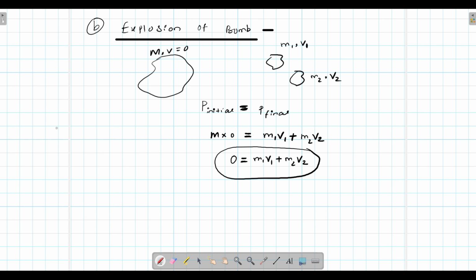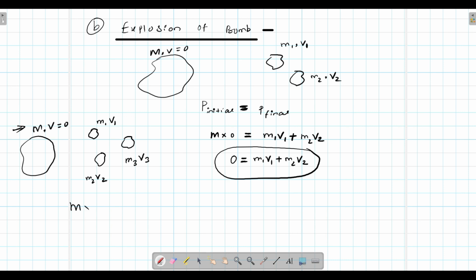If the bomb explodes into 3 pieces, the mass is m, speed is 0. The pieces are m1 v1, m2 v2, m3 v3.